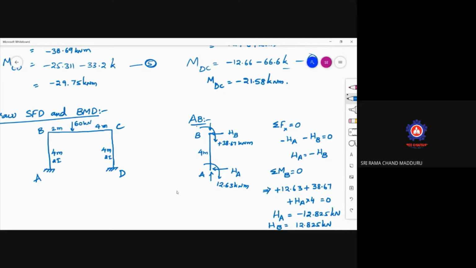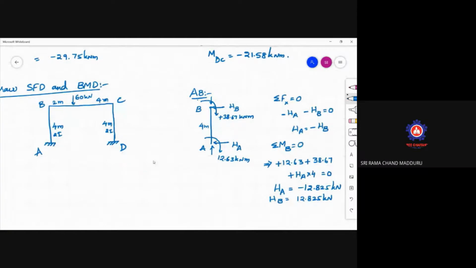So for the shear force diagram, first of all, HA and HB, the horizontal forces, are calculated.